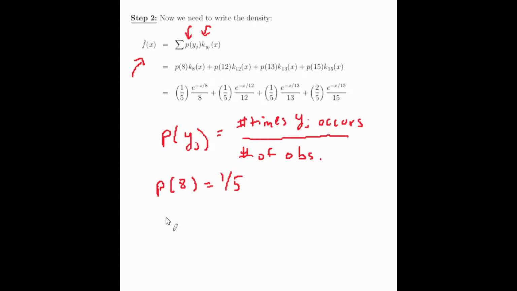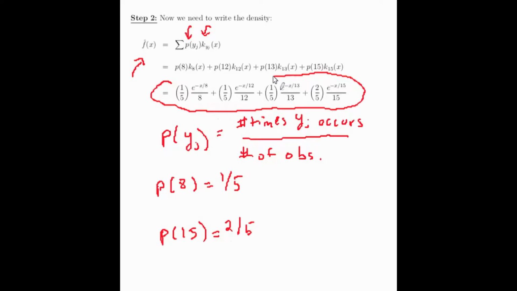In fact, the probability of 8, the probability of 12, and the probability of 13 are all 1/5. The only one that's different is the probability of 15, which is equal to 2/5 because 15 occurs twice in our data. And then we just write it all out in this final line right here, which shows that our probability density function is just a weighted average of exponentials.